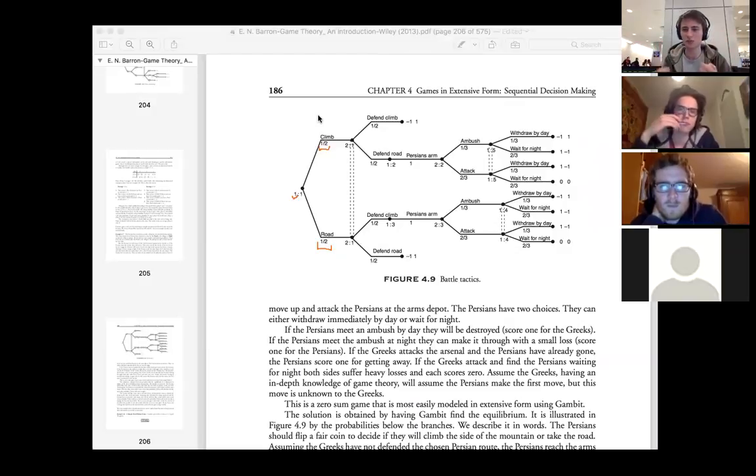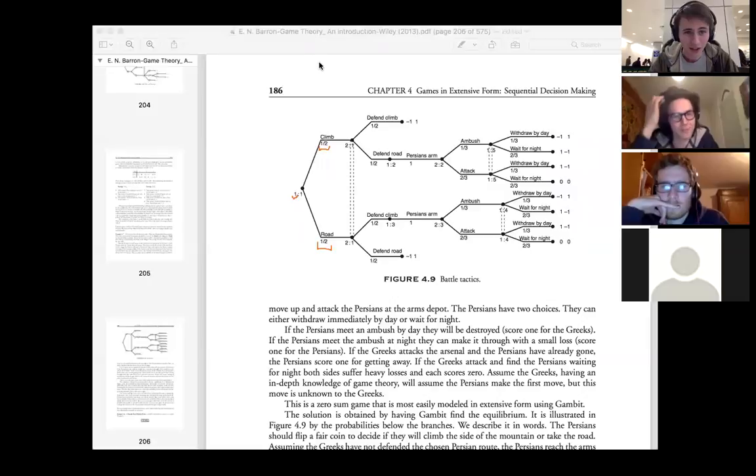Before they go anywhere, they just flip a coin, because they know that Greece knows what their stuff is, and so they figured it out. They know they should just flip a coin. Yeah, they just solved the game. On the other hand, here's Greece, player two.